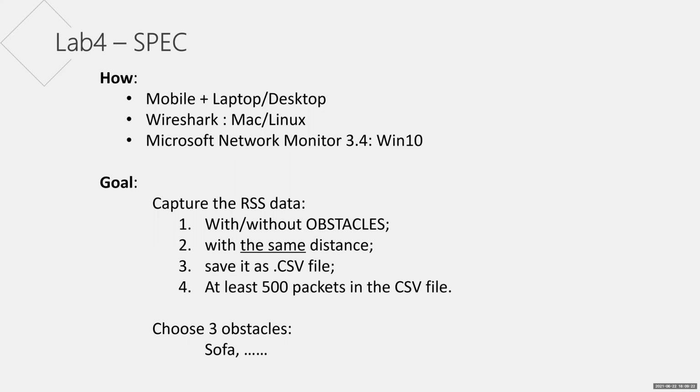You can see with and without. And we are required to choose 3 different obstacles, so totally it's 4. Does that make sense? So this is 1. Oh, sorry, I made a mistake.